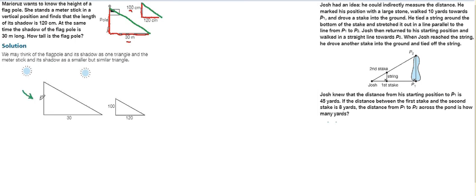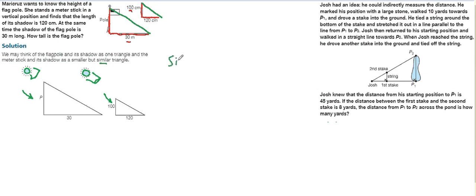So we have the flagpole triangle and the meter stick triangle, and they form what's called similar triangles because they share the sun at the same angle, right? It's coming out at the same angle, which means that the hypotenuse is the same angle and creates a proportion.